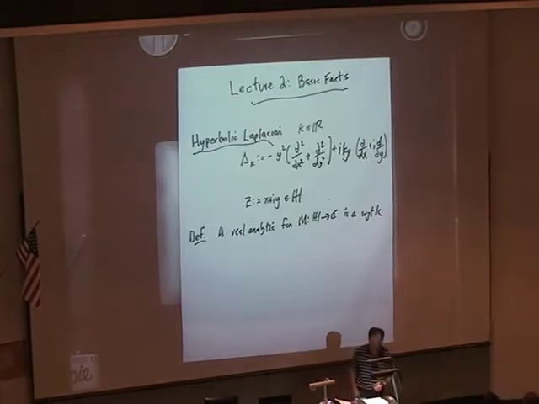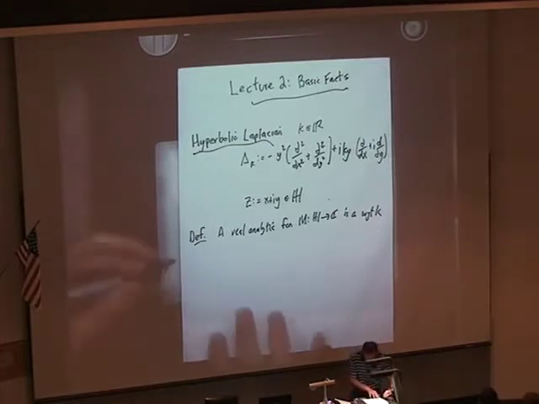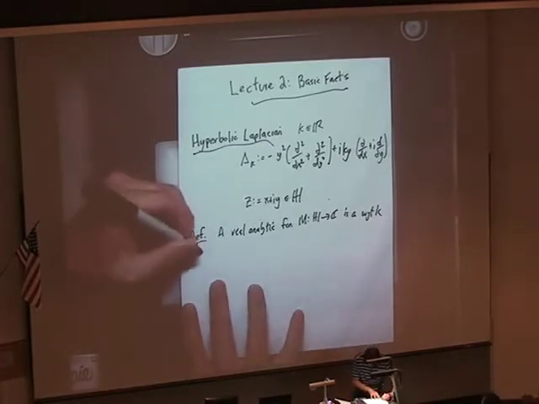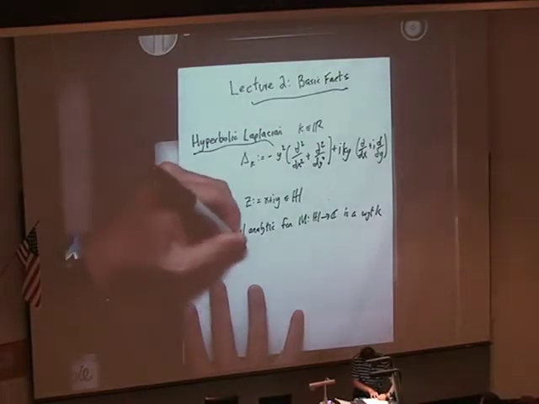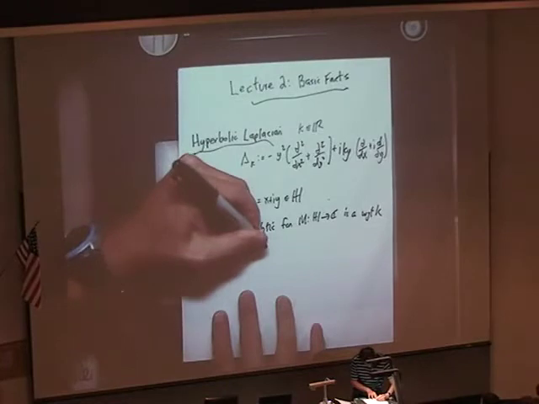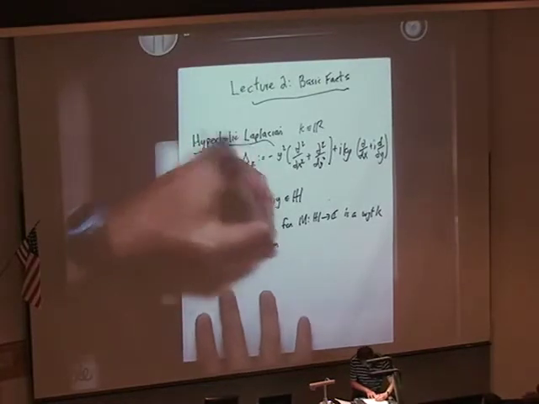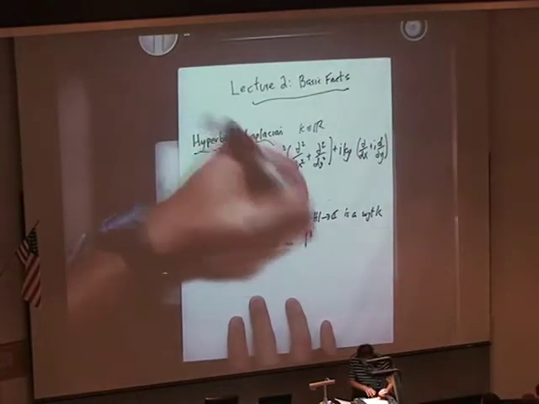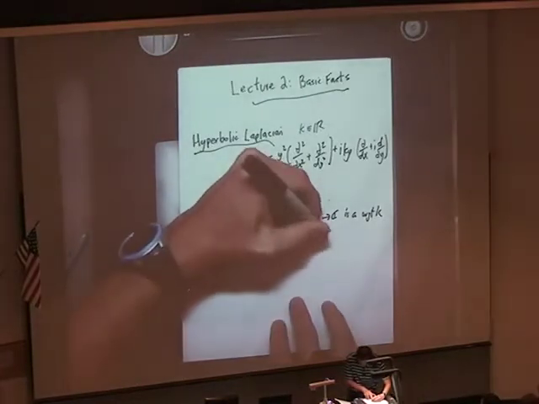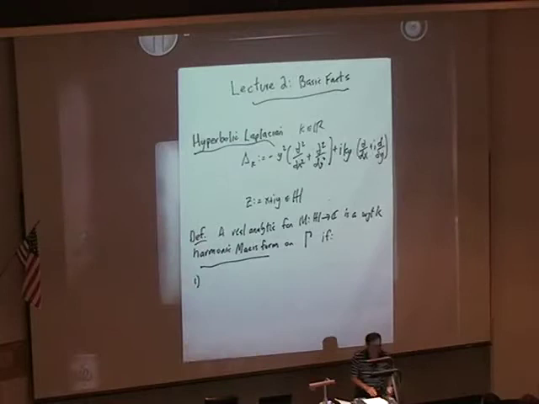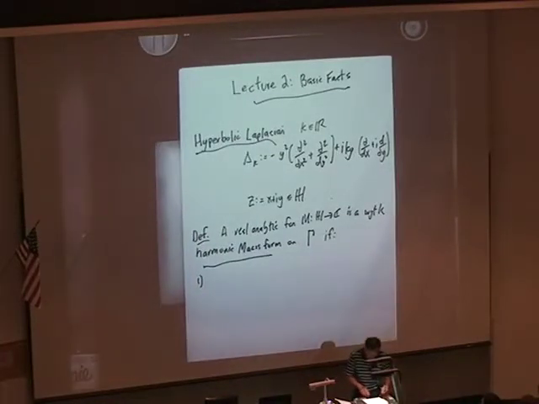All right, so a real analytic function m from H to C is a weight k harmonic Maass form on, say, a congruence subgroup, say gamma, if the following holds. I'm going to lie a little bit about most of these parts, but for those working in the student groups, this will be made precise.